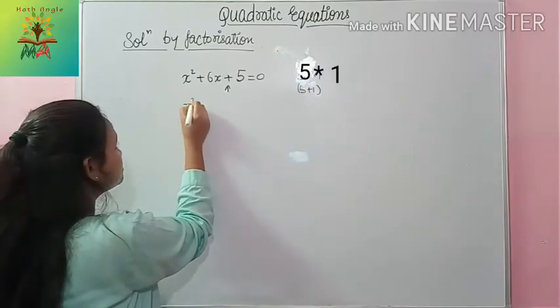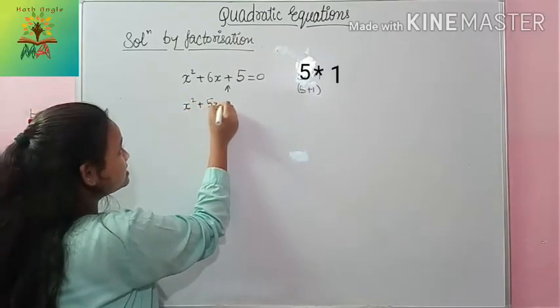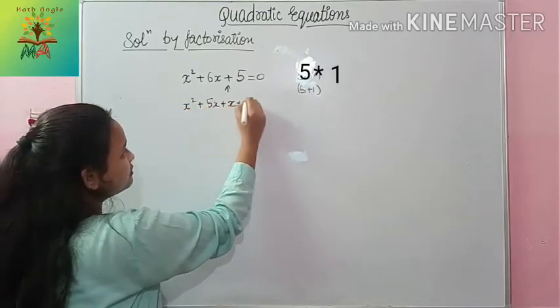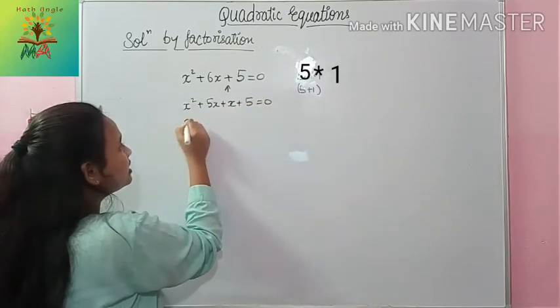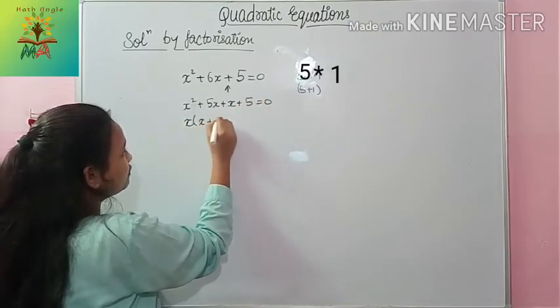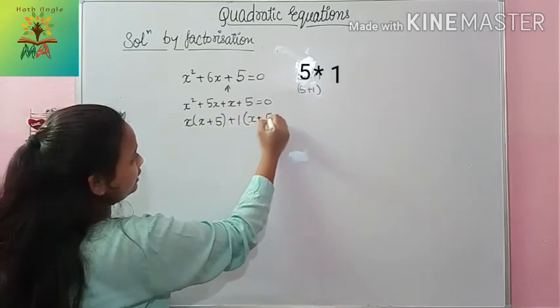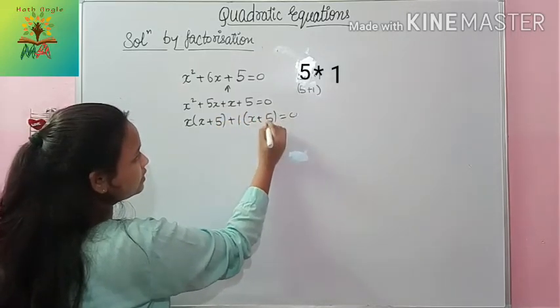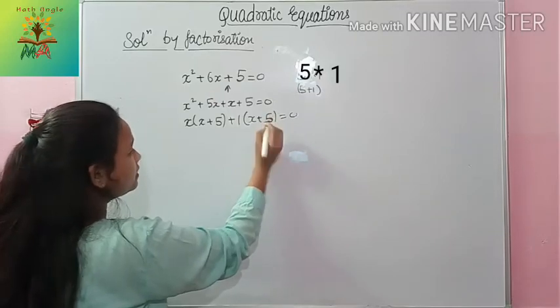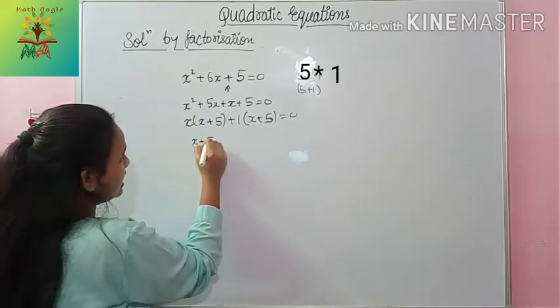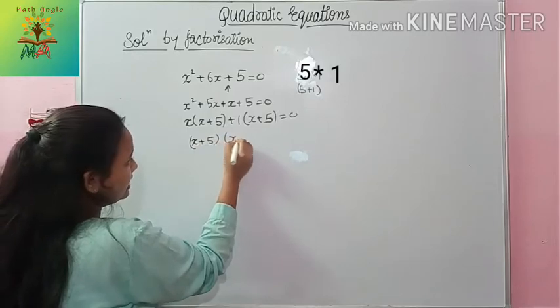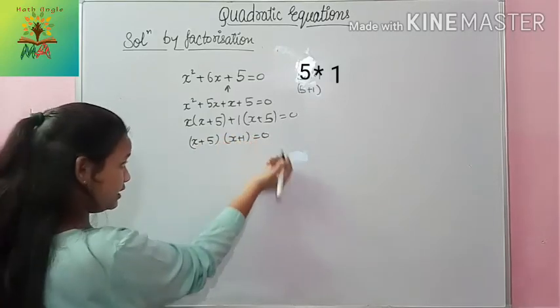So x square plus 5x plus x plus 5 is 0. Taking x common, x plus 5. Taking 1 common, x plus 5 is 0. So we have factors x plus 5 and x plus 1 equal to 0.